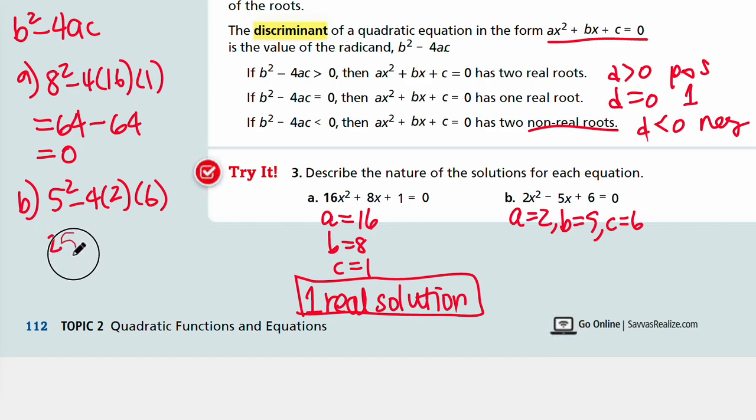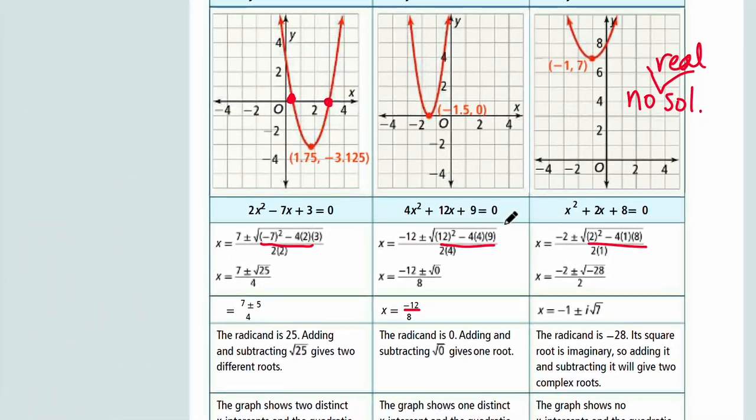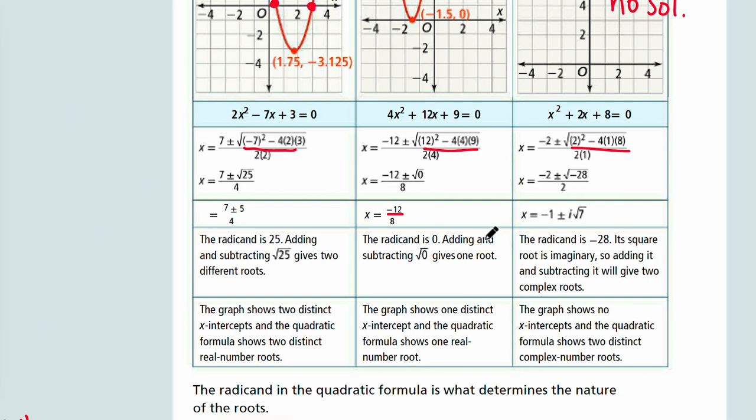So that's 25 minus 48, right? And so you're going to have a negative solution, negative 23. And so this means your square root of negative 23 will make two non-real solutions because it's plus or minus square root negative 23 in your quadratic formula, right?